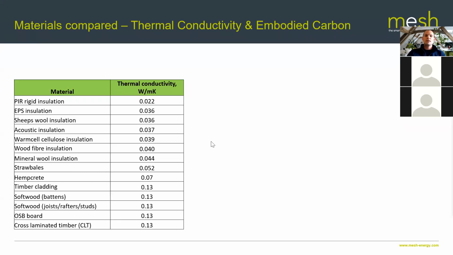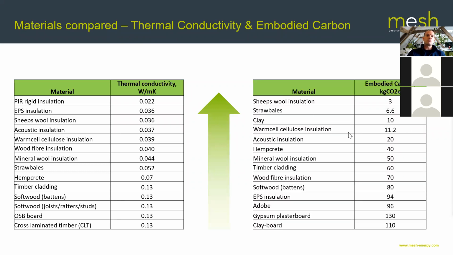So that's one list. If you have another list, which is just based on embodied carbon, these things get mixed around. And ideally what you're trying to do is have the same materials at the top of these lists.